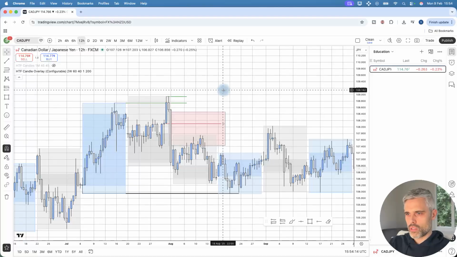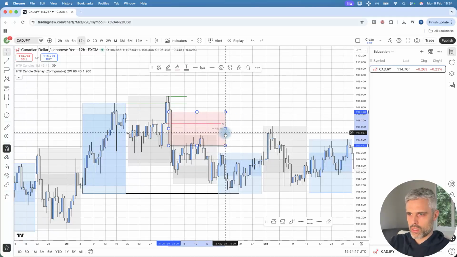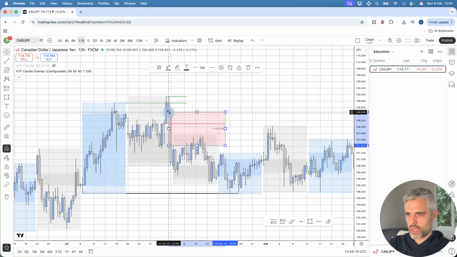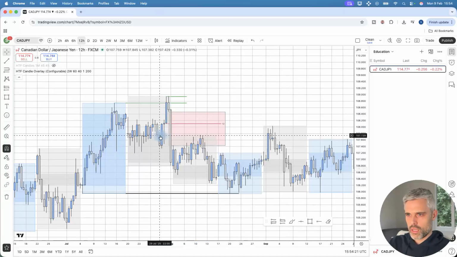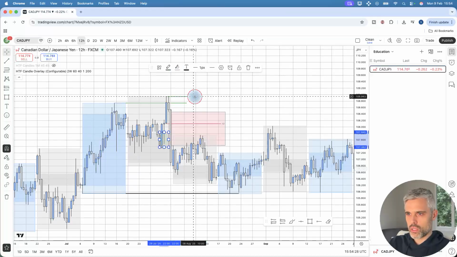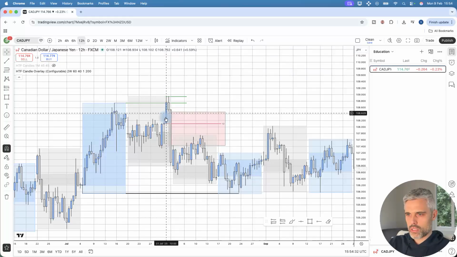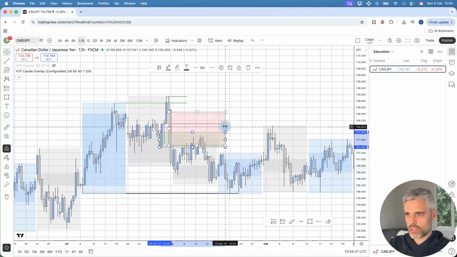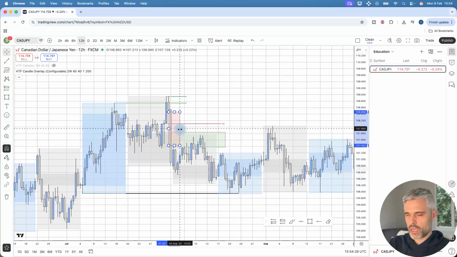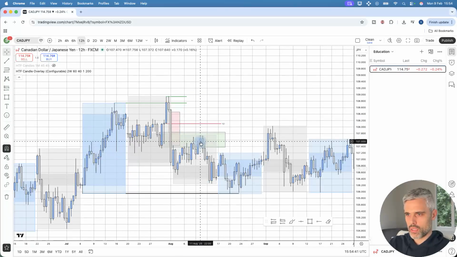So what we can do is look for other points of internal range liquidity. So we can keep these on our chart. What we see is this was the old order block right here. So originally this was the last sell before the buy. So when price trades back through, we can drag this across and this becomes internal range liquidity in this price leg that price may want to respect.